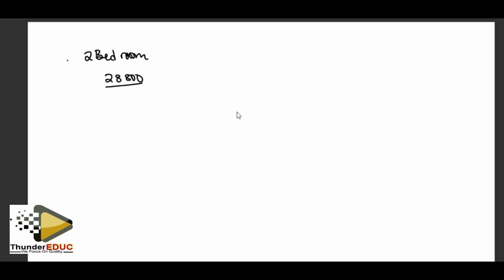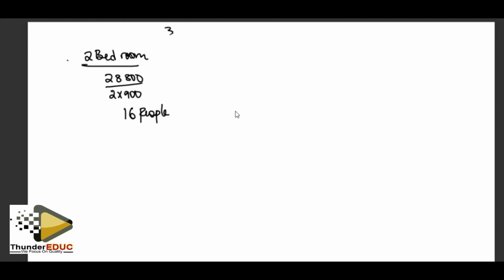If they paid this for 2 nights and each person is paying 2 times 900, how many people are there? We need to divide. So these were 16 people. So in the 2 bedroom, we have 16 people.